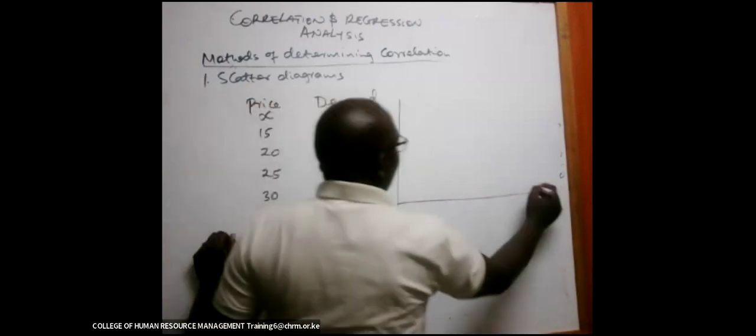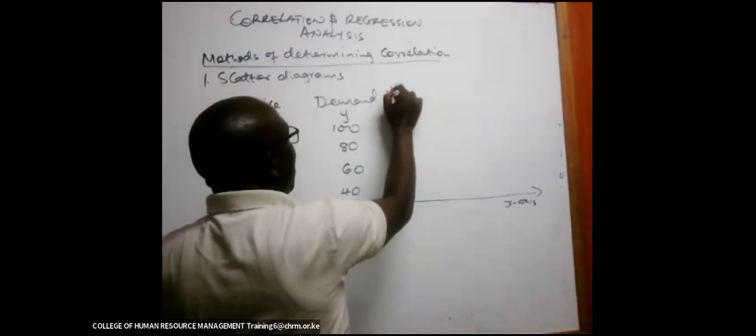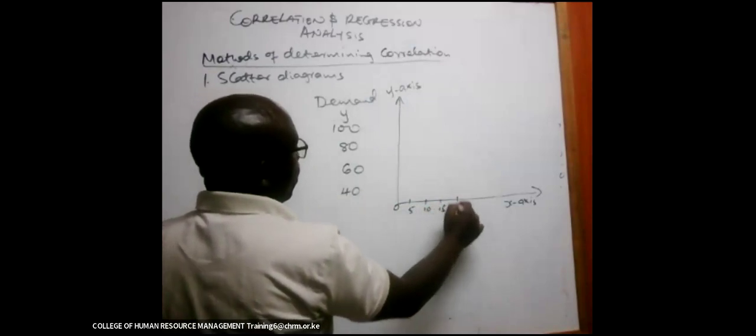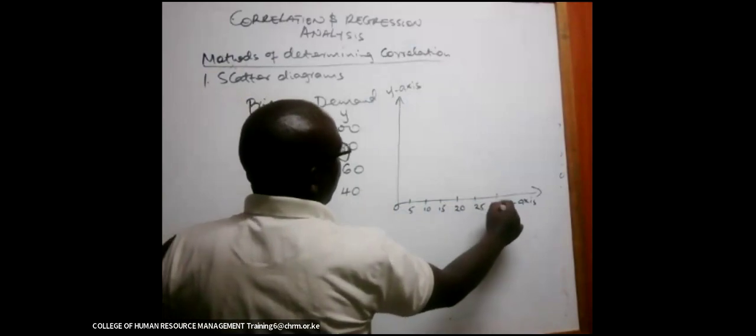If you are told now to plot a scatter diagram using this information, it is a matter of having your x-axis here and your y-axis. Then you plot this. So you can have your 0, 5, 10, 15, 20, 25, and then 30.